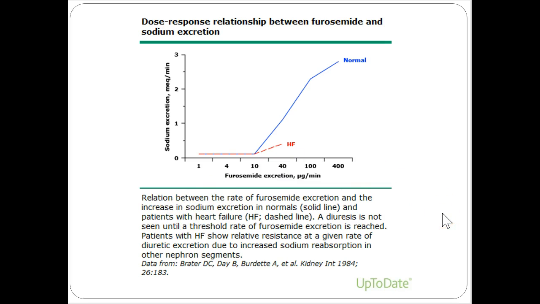But sodium excretion and furosemide, for a normal patient, quote unquote, and then a patient with heart failure. So you see that heart failure patients have a more difficult time obtaining adequate diuresis than somebody without. So you do see that there's some resistance naturally to the way that loop diuretics work in a heart failure patient. So if you have heart failure on top of your kidney disease, it can be very challenging to treat, and you'll often see those two things go together.